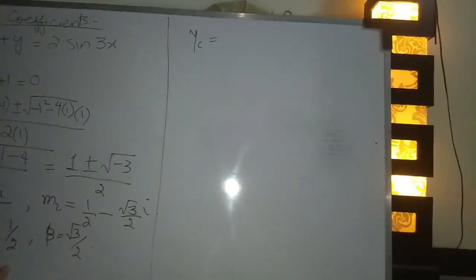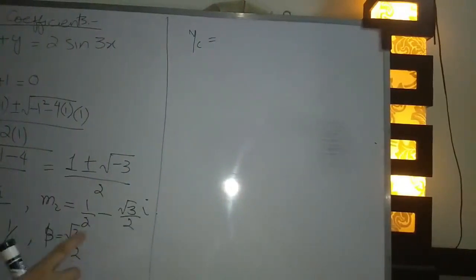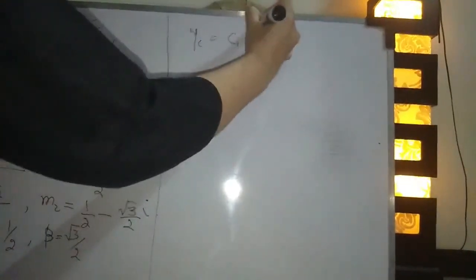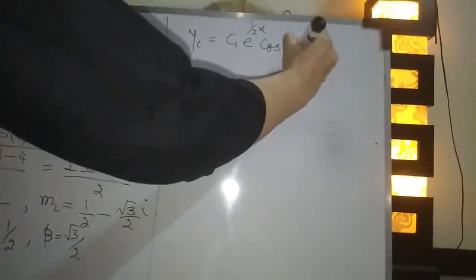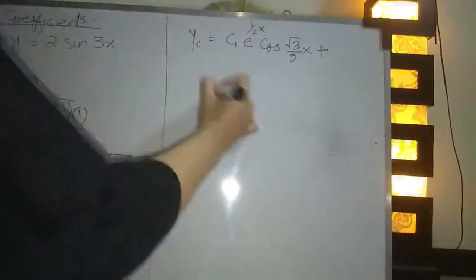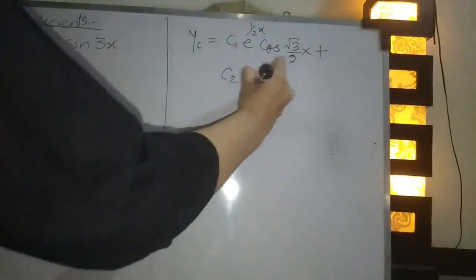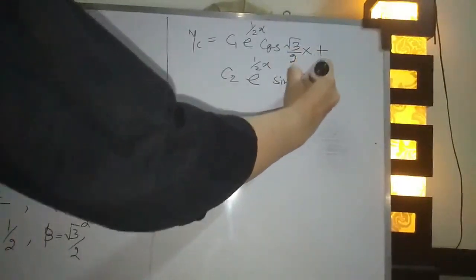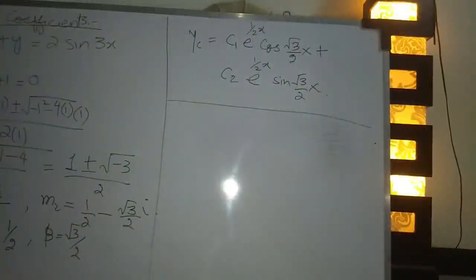So alpha is 1 by 2 and beta is root 3 by 2. So it is e to the power 1 by 2 x, times c1 cos of root 3 by 2 x, plus c2 sine of root 3 by 2 x. So here is the complementary solution.